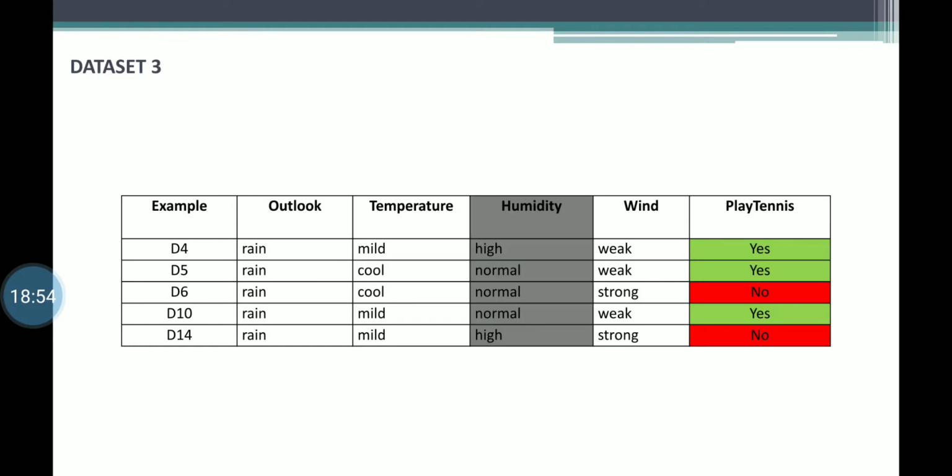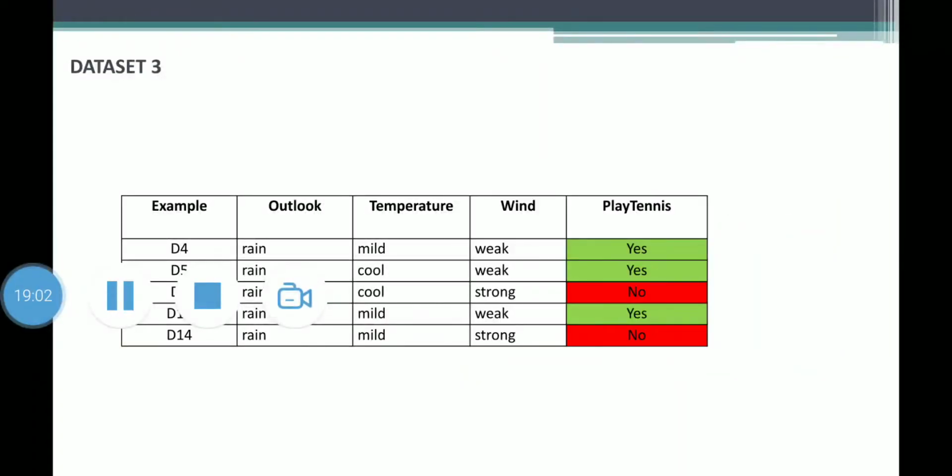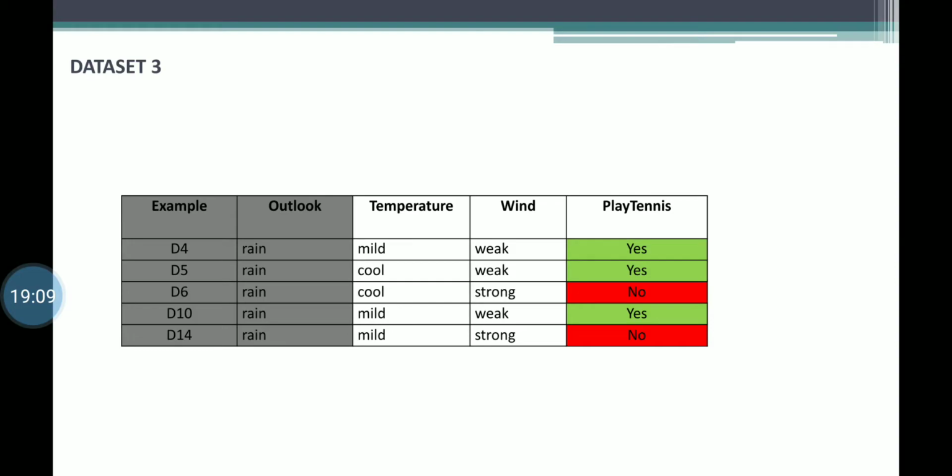You can eliminate this particular humidity table from your consideration for the next calculation. So we will be remaining with temperature and wind as the values. This table will be used now, like in the previous case, a 5-row data set, and with respect to temperature and wind, you have to follow the same rule and obtain the remaining part of the tree.